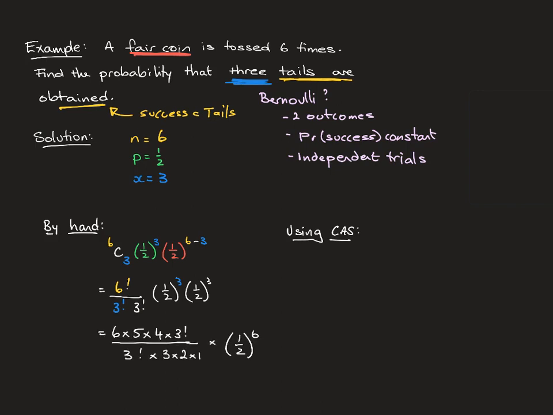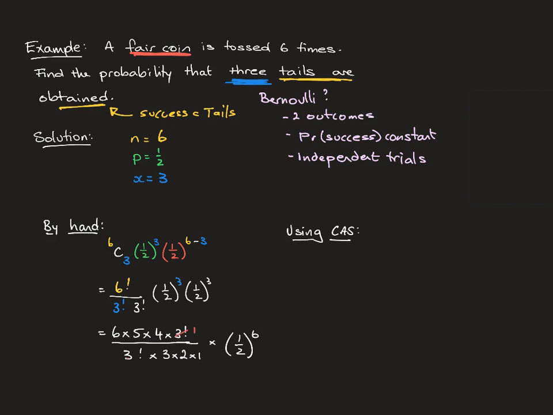Expand that out and cancel it down. And what we have here is a half to the power of 3 times a half to the power of 3. That becomes a half to the power of 6. So I've written out my 6 factorial down to 3 factorial, so I can cancel down my 2 3 factorials.